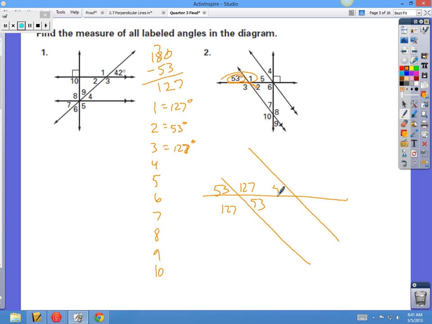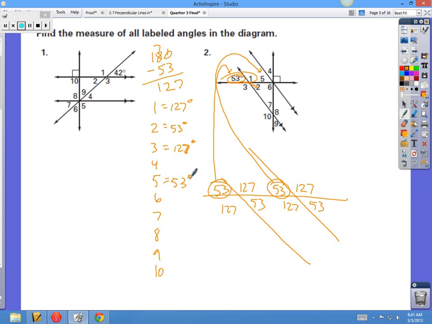So I know these guys over here have got to be the same. 53 and 127, 127 and 53. So I can get angle number 5, because there's my 53 right there. This 53 is angle number 5. So 5 is going to be 53 degrees.